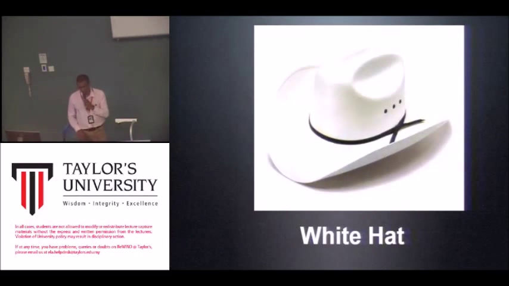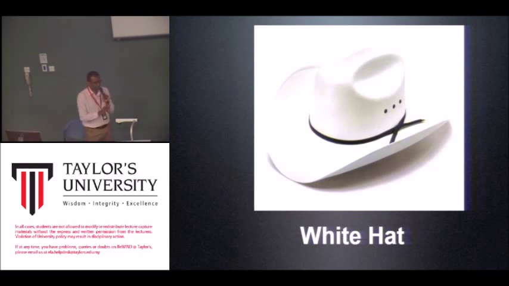So let's start with the white hat. The Six Hats have six colors. White here is a color, it's not transparent, intentionally. The white hat represents knowledge, data, information, all the information about any particular thing.